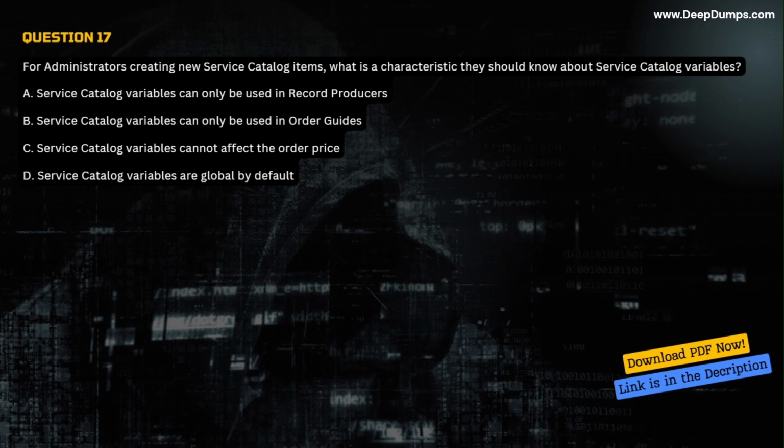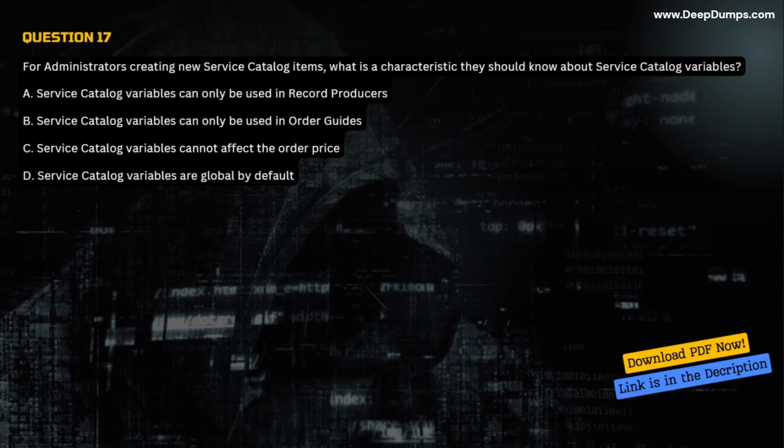Question 17. For administrators creating new service catalog items, what is a characteristic they should know about service catalog variables? A. Service catalog variables can only be used in record producers. B. Service catalog variables can only be used in order guides.